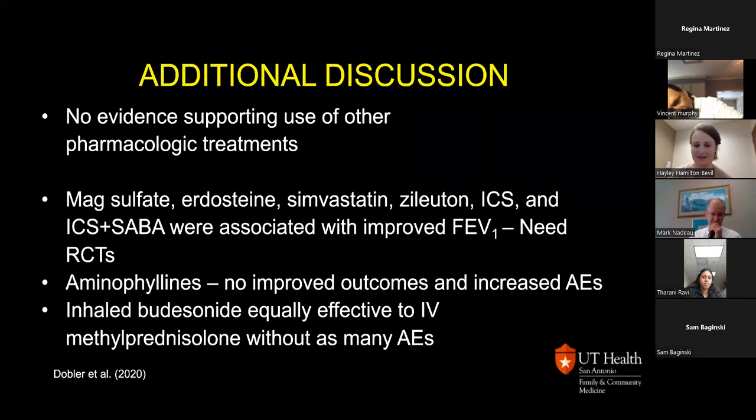It just made the numbers look better and maybe symptoms in the moment, but the end result was not affected by use of these drugs. Okay, and then immunophilines were not helpful for sure. They also noted that inhaled budesonide was equally effective to the IV methylprednisolone without as many adverse effects.